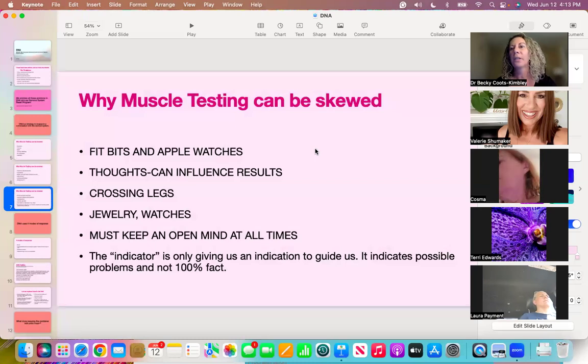Other reasons could be maybe someone has an Apple Watch or a Fitbit, or rings are another one. I've seen a lot of people become inhibited or hypertonic, we call it, because of those type of devices or rings or anything like that. Someone who is crossing their legs. If you have jewelry and watches on.